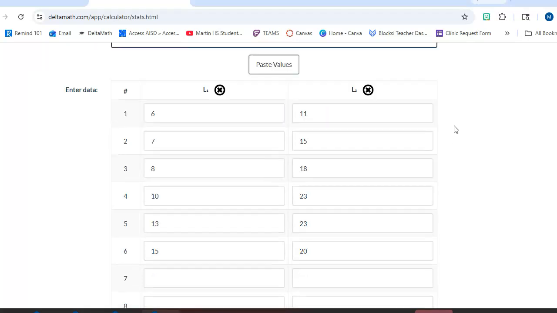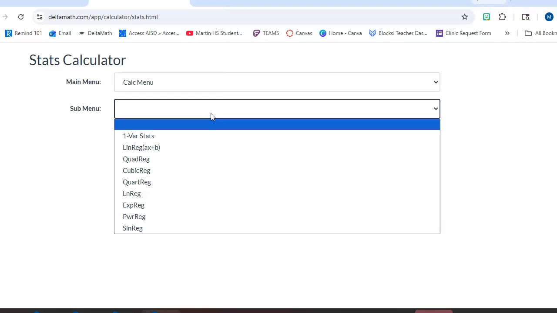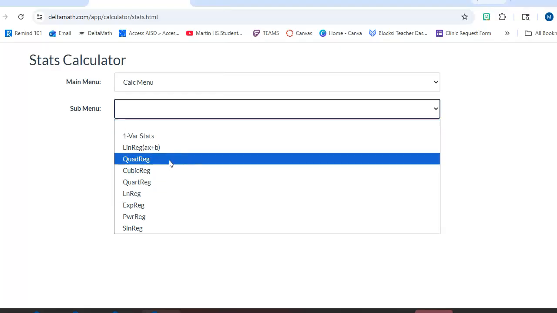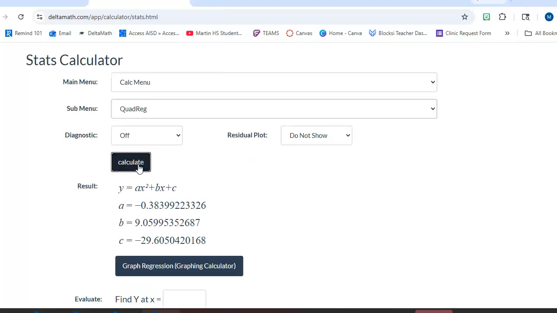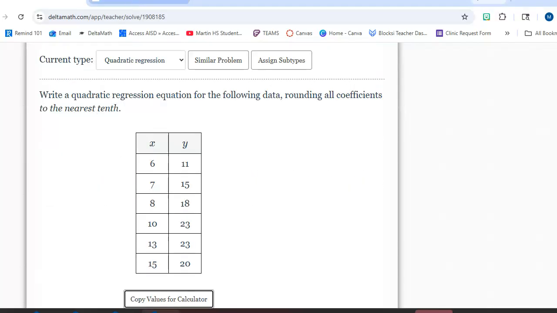And what it will do is calculate for you a quadratic regression. And there are your A, B, and C values. And you will round, as it says, this one says rounding to the nearest tenth, so that's 1 decimal place.